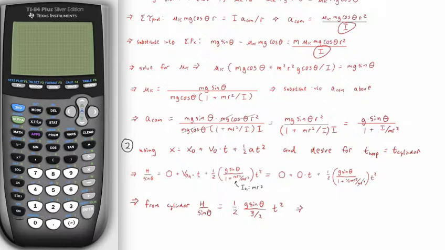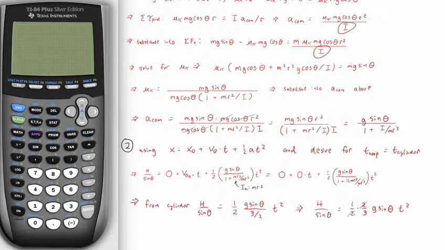So 2/3. Then that becomes h over sine theta equals 1/2 times 2/3 g sine theta t squared. Our 2's cancel.